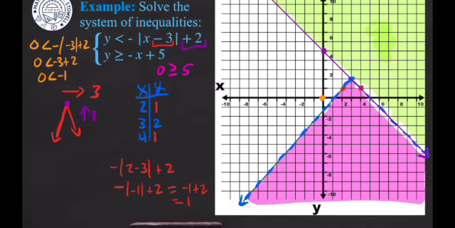The boundary for our linear equation, the negative x plus 5, is solid, meaning that that is part of the solution set. The boundary of the other one, the absolute value, is dashed. So that line is not part of the solution set. So we have one that's solid, one that's dashed. There's no overlap. So this is another example of there is no solution. There's no overlap with this.